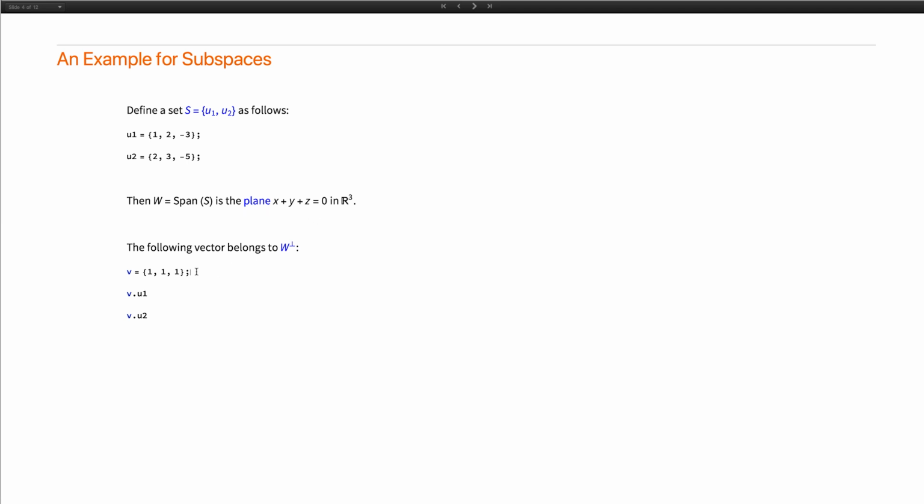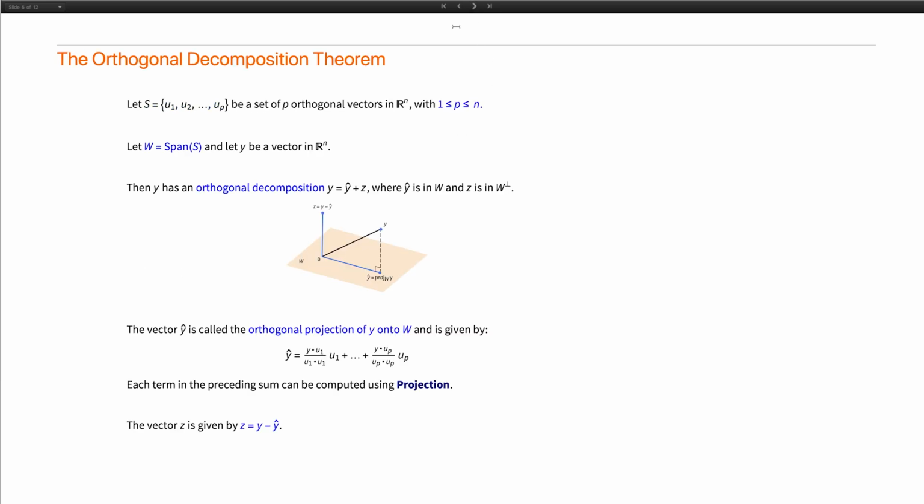Now, if you take the vector 1, 1, 1, that's like a normal vector, like a perpendicular vector, then it indeed is perpendicular to both u1 and u2. It's orthogonal to both of them. So you have a notion of a W over here and a W perpendicular, W perp as it's called over here.